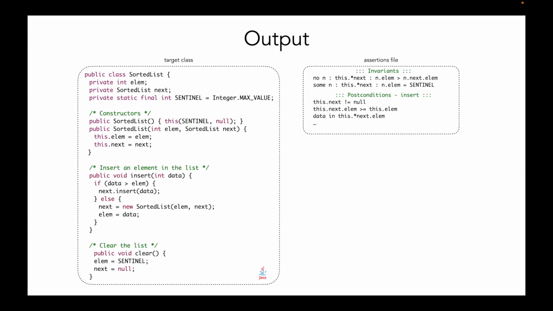To give an insight into the specifications that SpecFuzzer can infer, for the sorted list class, the output contained the following properties. As invariant properties, the facts that the list is sorted and that the sentinel is always present in the list were captured. For the method insert, the property stating that the method's data was actually inserted is also inferred, among other properties.